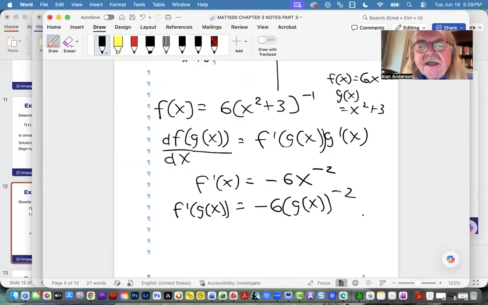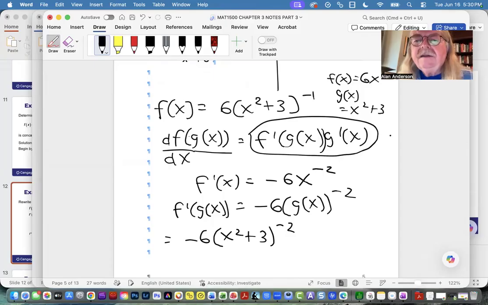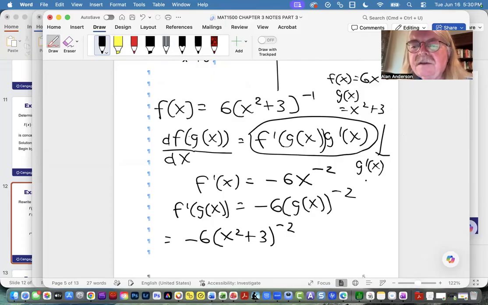And then we'd plug in the actual definition of g of x. Okay. And then we still need a g prime of x. You can see up here that if g of x is x squared plus 3, g prime of x would be 2x. So here is the answer. That's the final result.